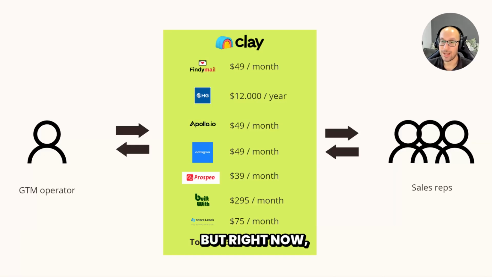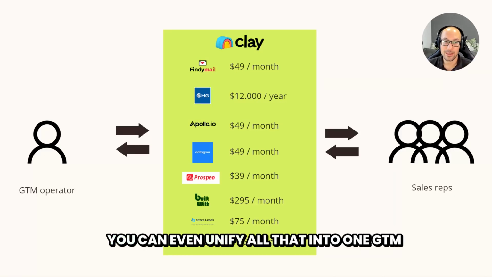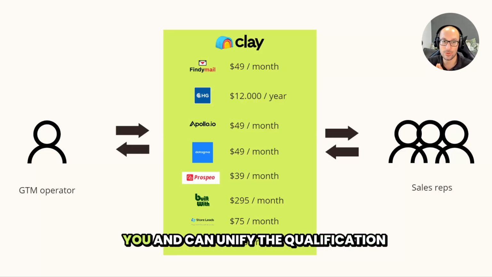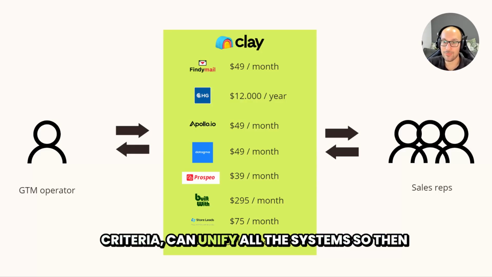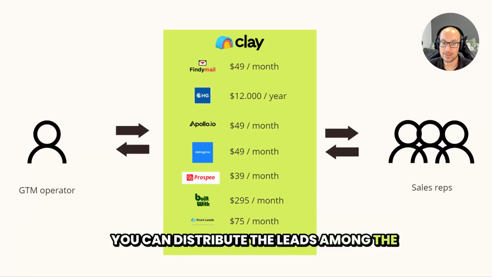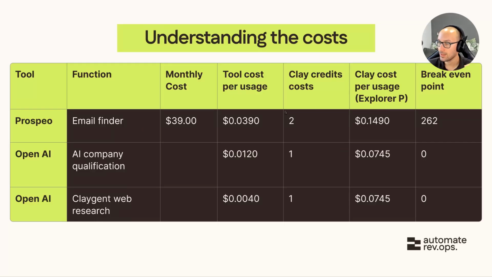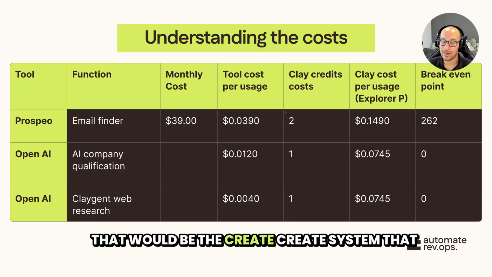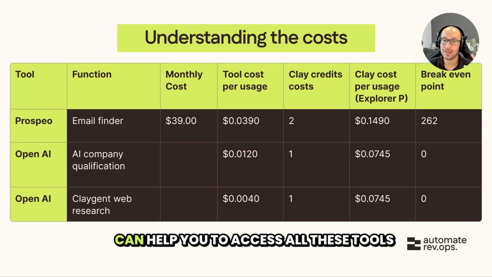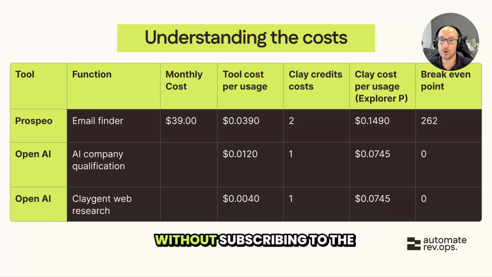But right now, you can even unify all that into one GTM operator that accesses all the tools for you and can unify the qualification criteria, can unify all the systems, so then you can distribute the leads among the sales reps.